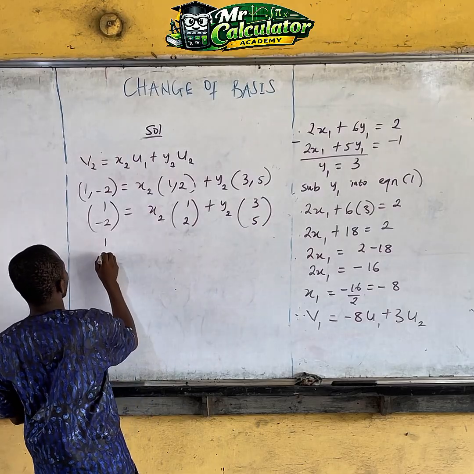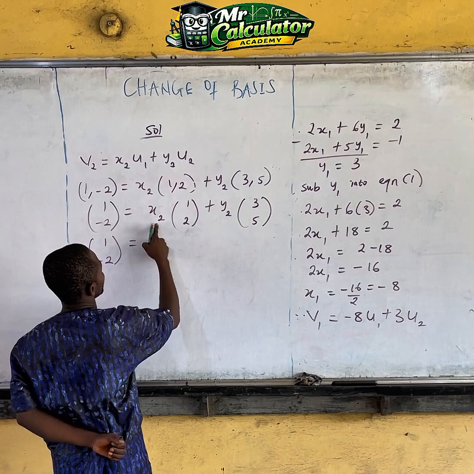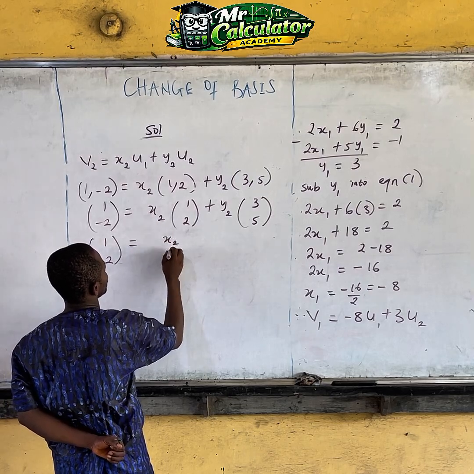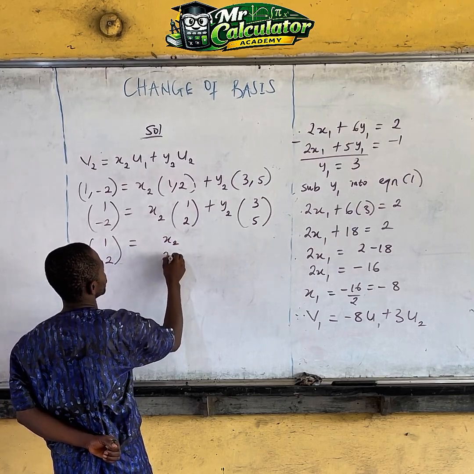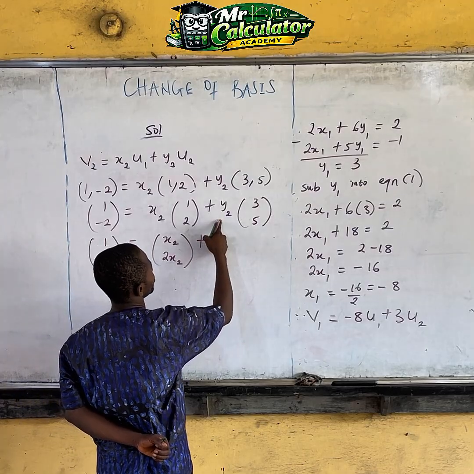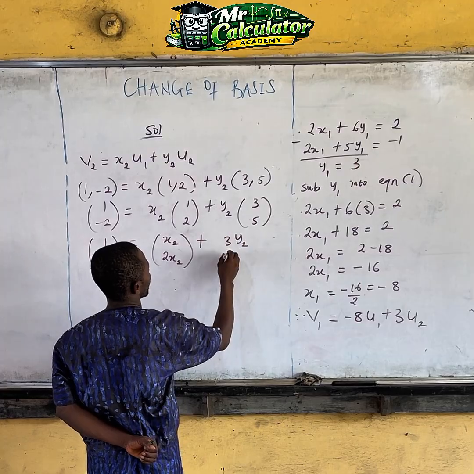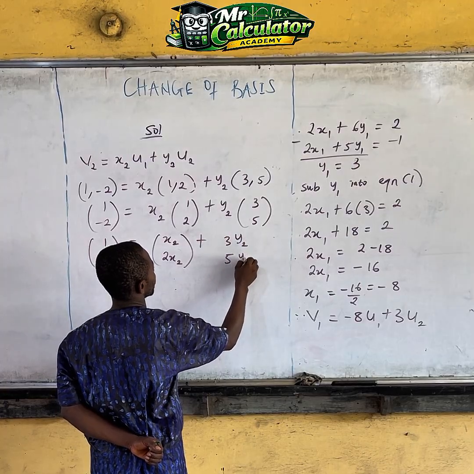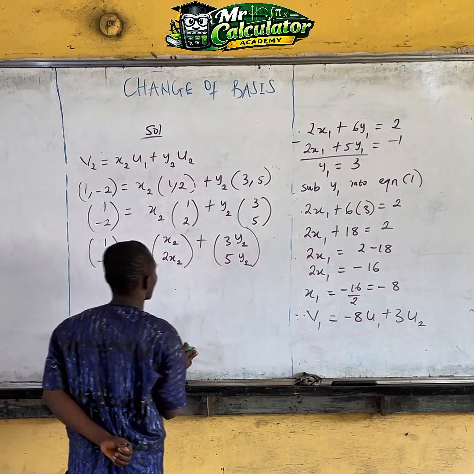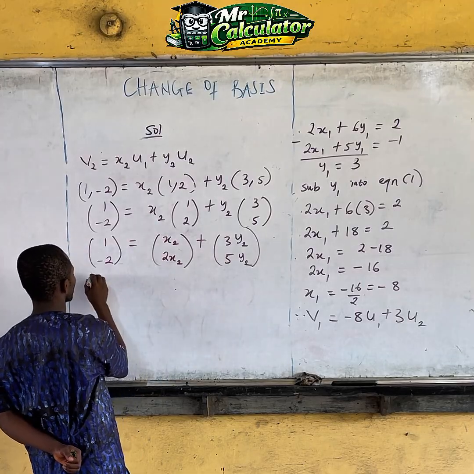It will now be (1, -2) equals (x2, 2x2) plus (3y2, 5y2). I close it. Now I will add it together.